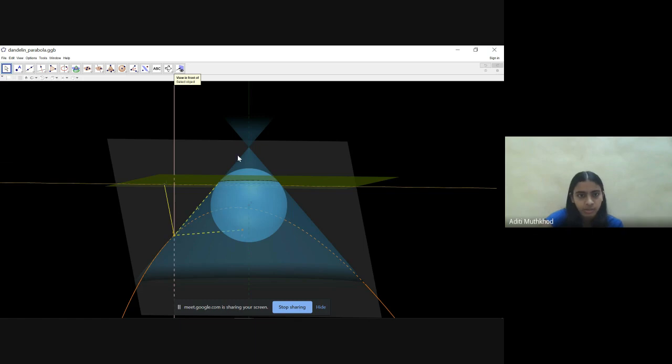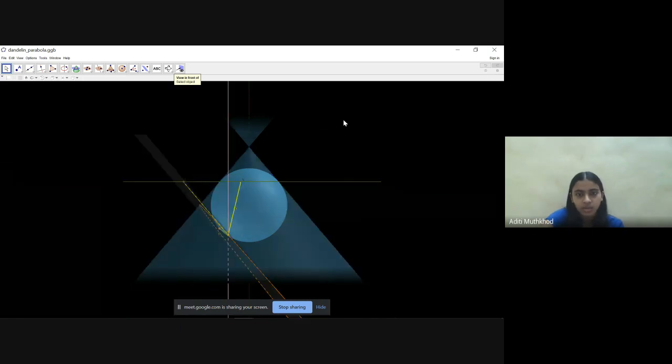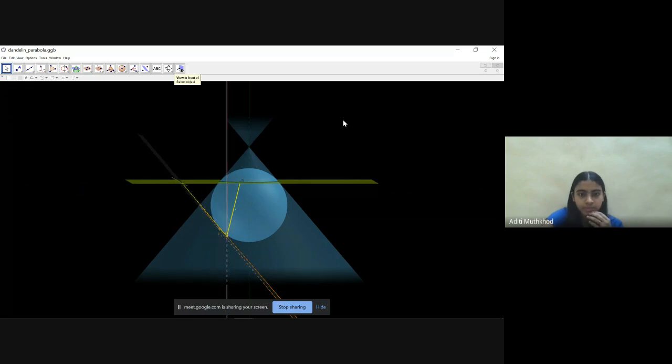And now if you look at it in such a way that this triangle is in the plane of the screen, then this angle is actually equal to 90 minus this angle, because it is parallel to the side of the cone.